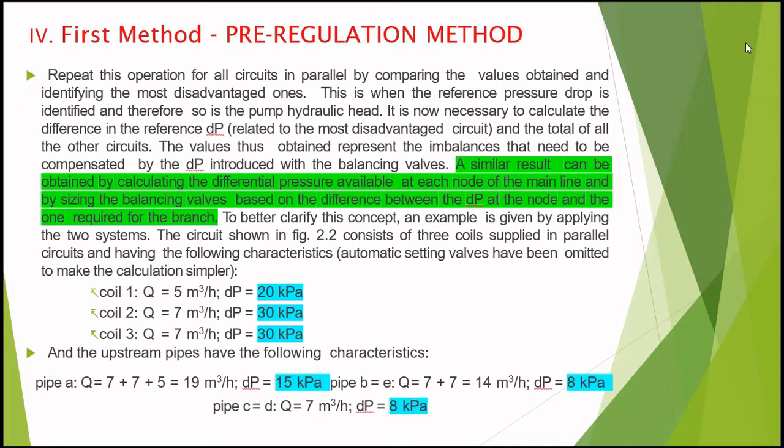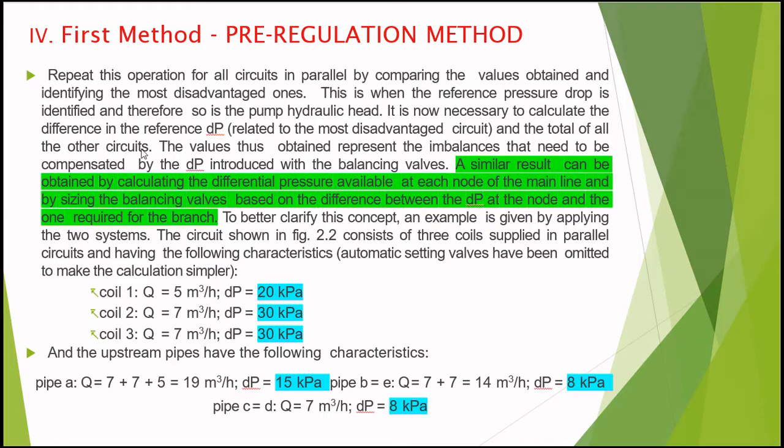A similar result can be obtained by calculating the differential pressure obtained at each node of the main line and by sizing the balancing valves based on the difference between the pressure at the node and the one required for the branch.